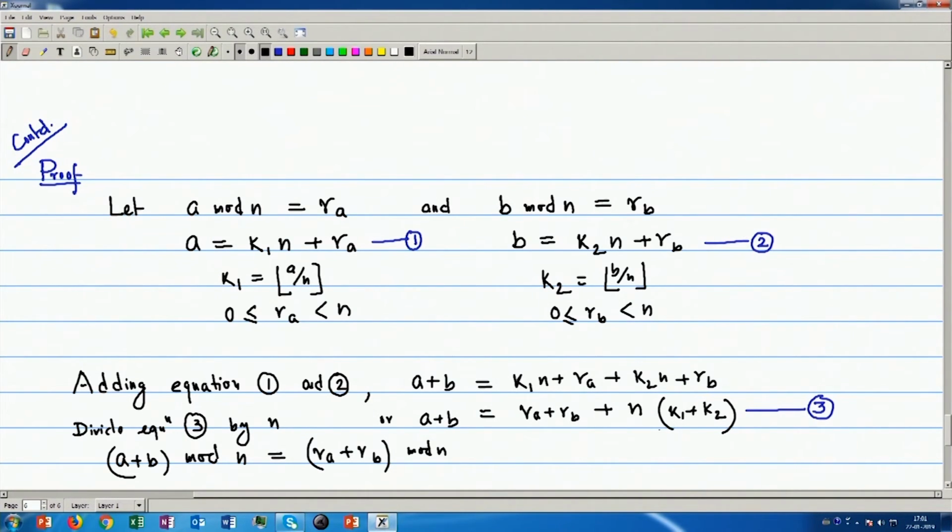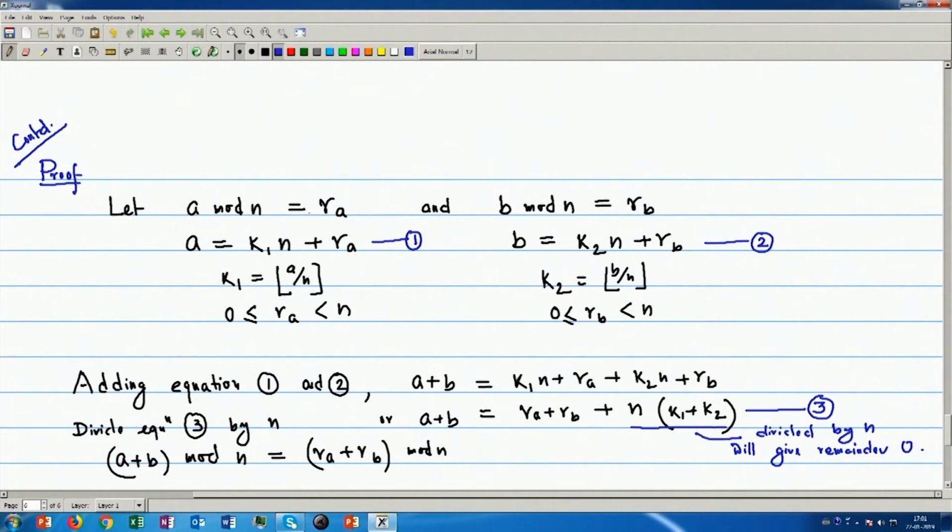Since it is n into something, divided by n will give remainder 0. Now, a plus b mod n equal to r a plus r b mod n. What is r a plus r b?